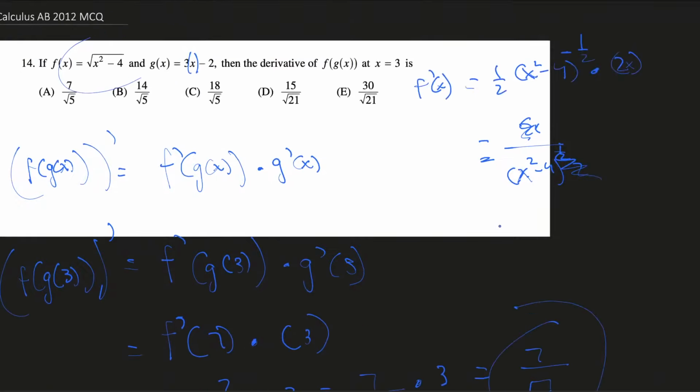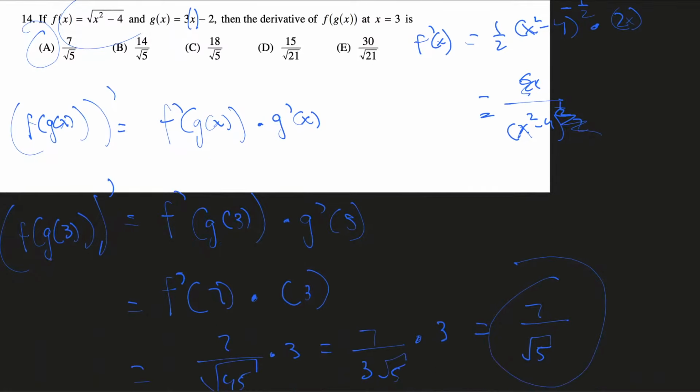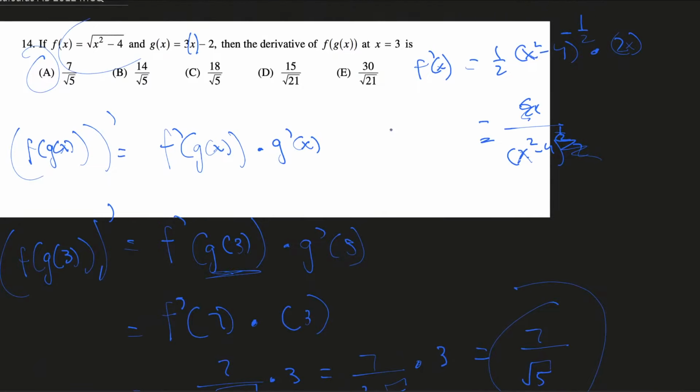To summarize, I did the chain rule, which is f of g of x prime would be f prime of g of x times g prime of x. And then we plugged in a 3 into this, which we first solved by plugging in. 3 times 3 is 9, 9 minus 2 is 7. And then g prime of 3 we figured would always equal 3, so we just set that equal to 3.